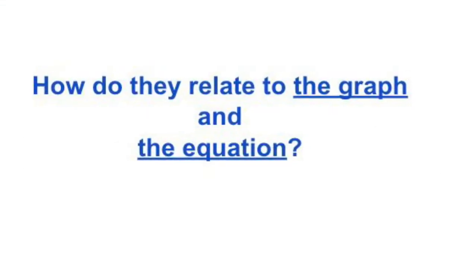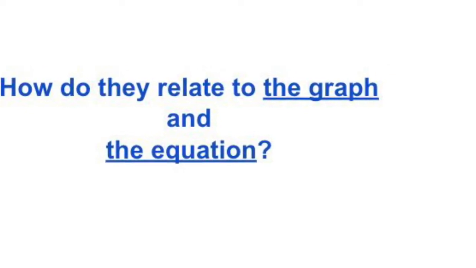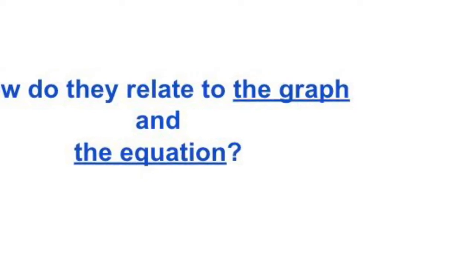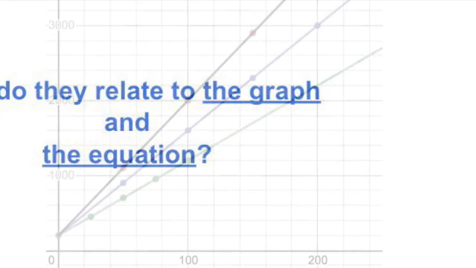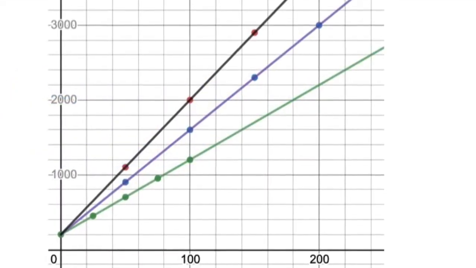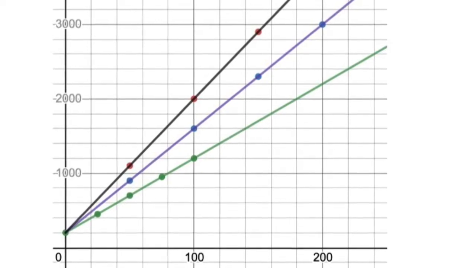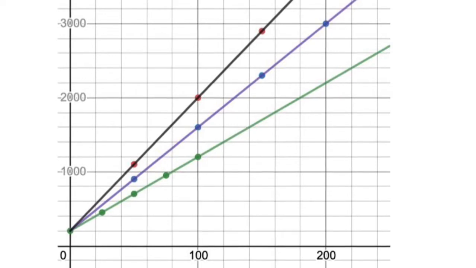Now, this whole assignment is about us comparing the graph, the equation, and the table of values to make sure they all match. So what I want you to look at is the graph and the equation, and I want you to notice that each of those graphs start at 200. And the reason those graphs start at 200 is because in the equation we see the plus 200.